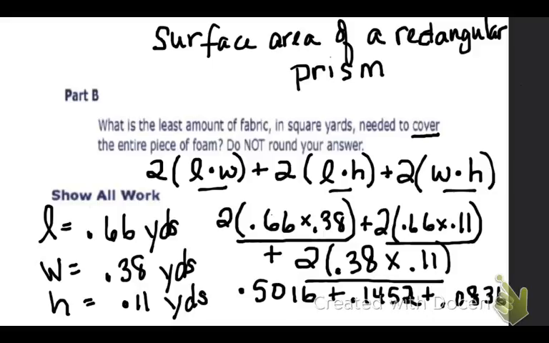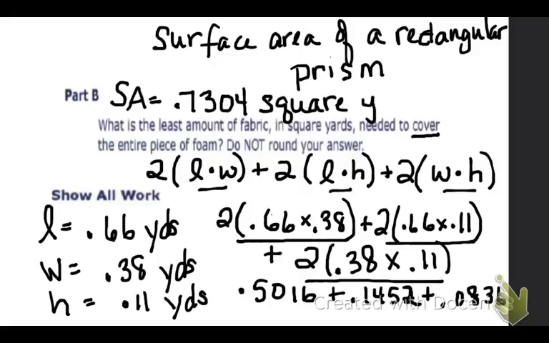Now I go left to right and add them all up. My final answer for the surface area is 0.7304 square yards. And square is another hint that we're talking about area. These are a couple of hints for you. A lot of work there to do. I'm so glad we had a calculator on some of those spots.